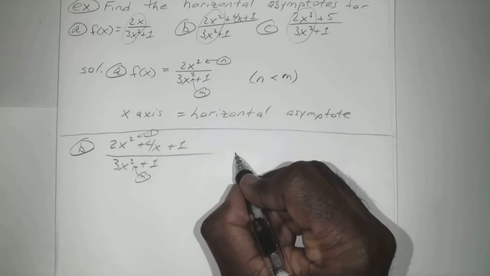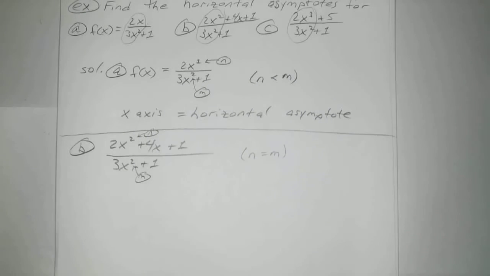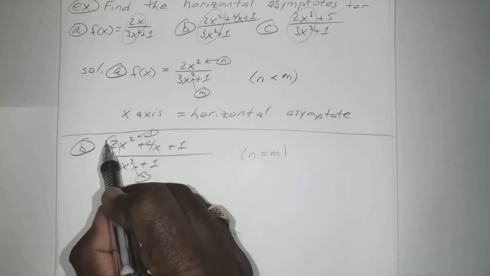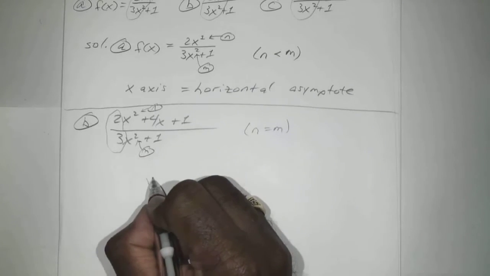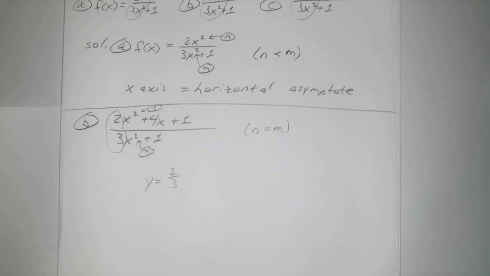Okay, so in this case, we know that n is equal to m. So whenever your two exponents or your lead exponents are exactly the same, you're just going to make y equals those coefficients is your horizontal asymptote.